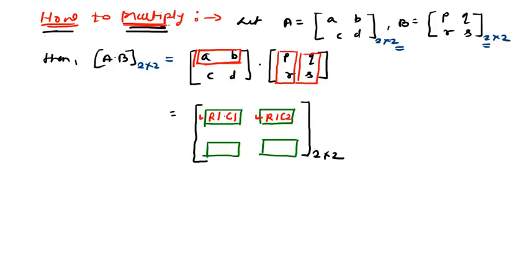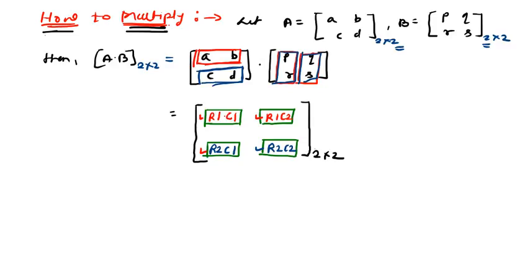Again, this entry will be obtained using the second row and first column of the second matrix, so this will be R2 and C1. Then again this entry will be obtained using the second row and second column.